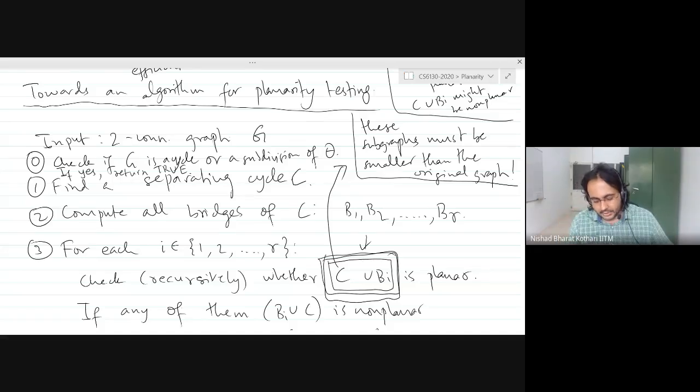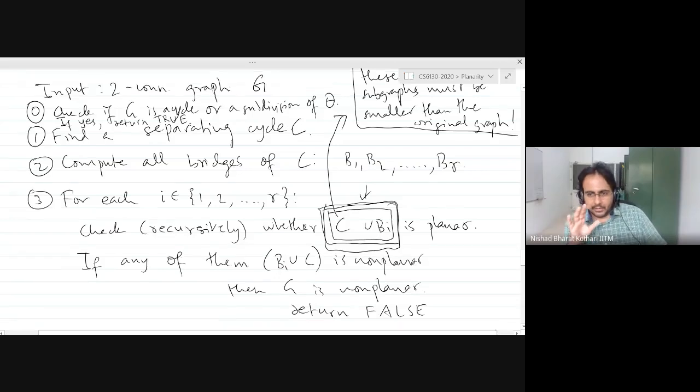So in this particular discussion, I have ignored the certificates. The algorithm just returns true or false. In the typed notes, I have also included certificates, but I have not explained how to compute the new planar embedding. It's just implementation details. You can take the planar embeddings of smaller graphs and construct a planar embedding of the bigger graph.